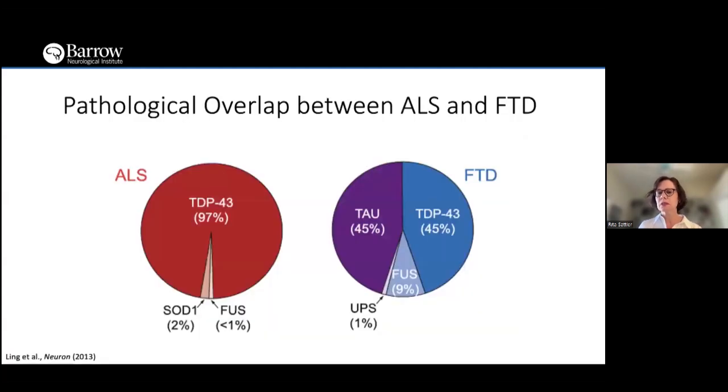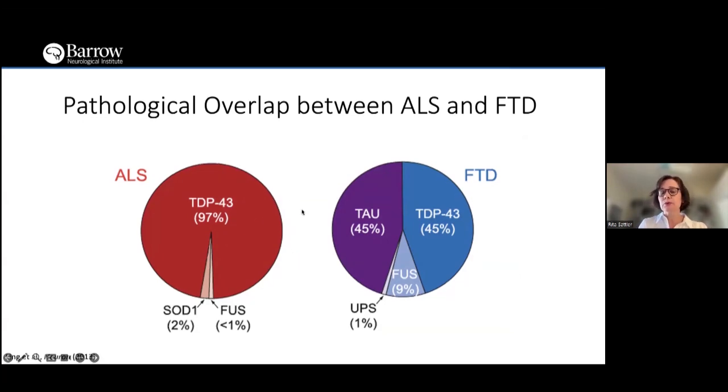In addition to this overlap in regards to the genetics and the clinical symptoms, there's also a very strong pathological overlap between those two diseases. ALS is characterized almost uniquely, up to 97% of ALS patients, independent of etiology, whether it's a genetic version of ALS or sporadic version of ALS, has TDP-43 pathology.